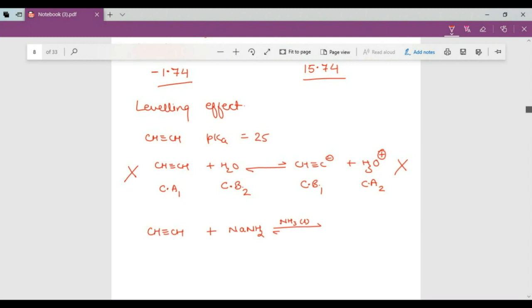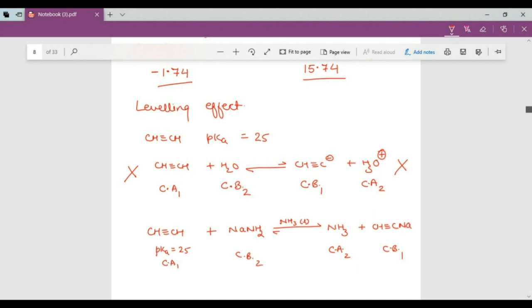So we have added acetylene in ammonia and NH2 minus dissolved in ammonia. The equilibrium will be like this. This is our conjugate acid 1, this is our conjugate base 1, this is our conjugate acid 2, this is our conjugate base 2.